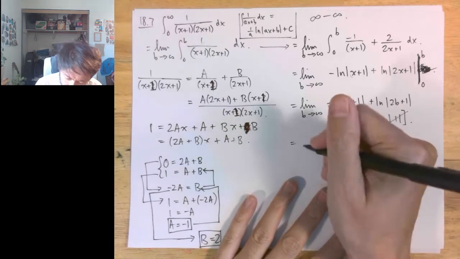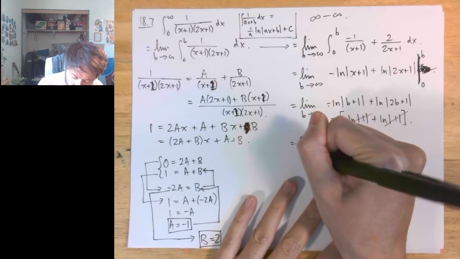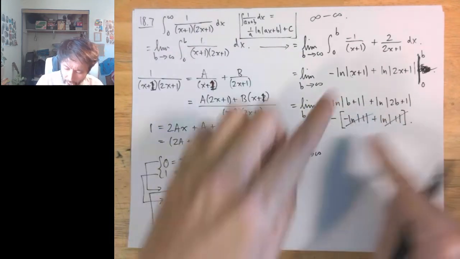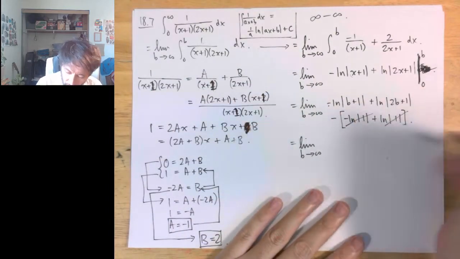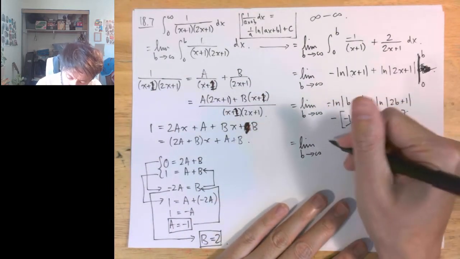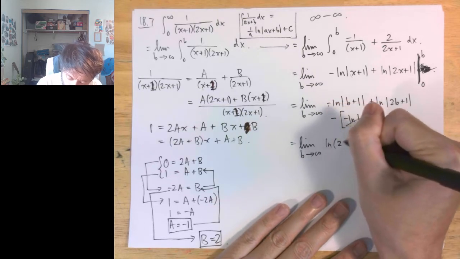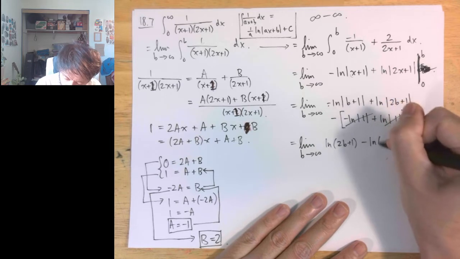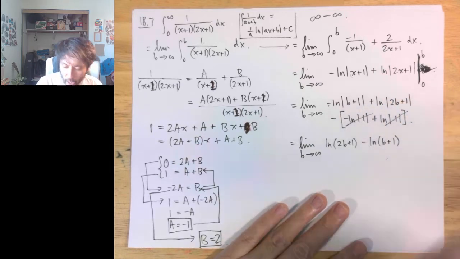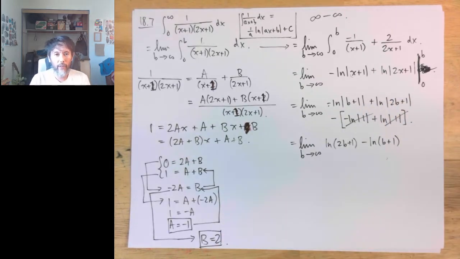And so this is equal to the limit as b goes to infinity of, and now I'm going to write it in a slightly different order, just so it's not confusing, natural log of 2b plus 1 minus the natural log of b plus 1, and I've dropped the absolute value bars, and I'm happy about that.